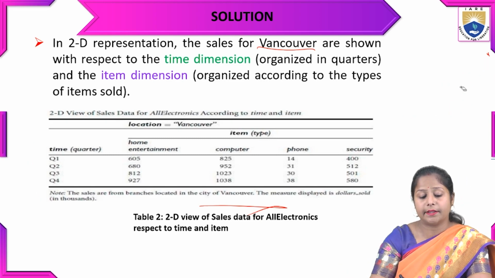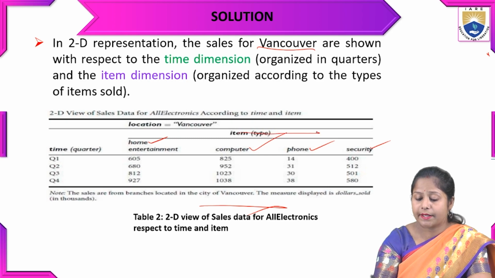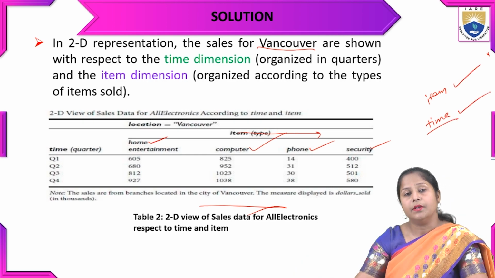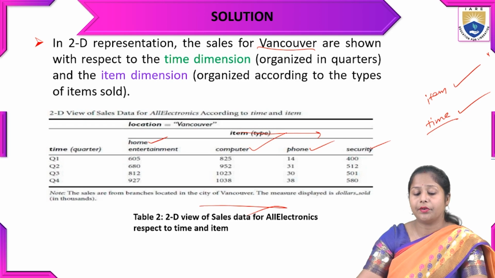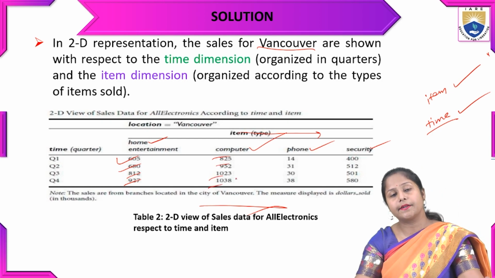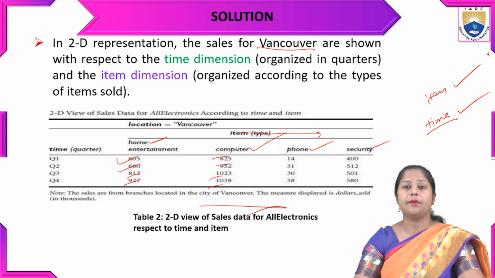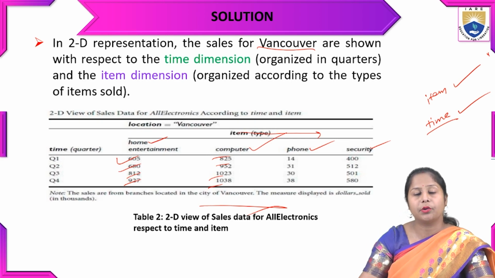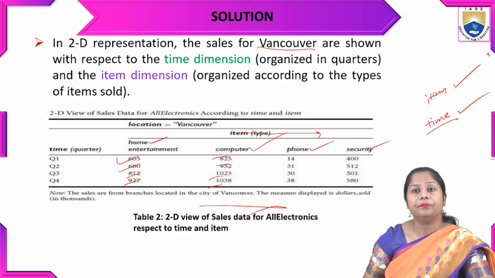So these are the items: home entertainment, computer, phone, security. As per this, we have to take the 2 dimensions, item and time. For the location Vancouver, we are having these sales figures for the respective facts, respective measures. So this is a 2D view of sales data for the All Electronics data set with respect to time and item.